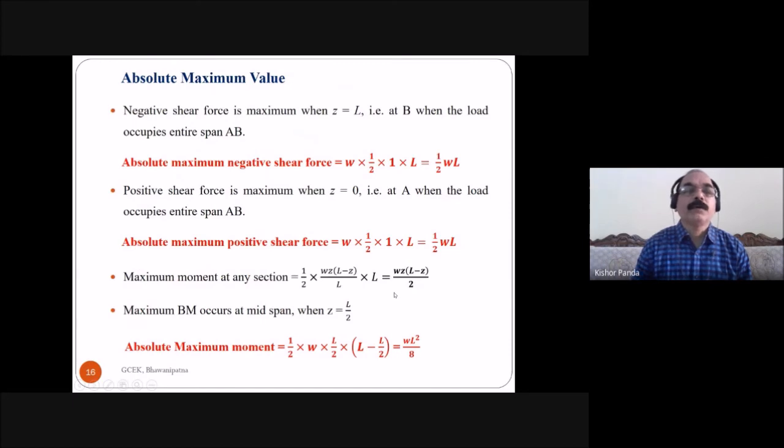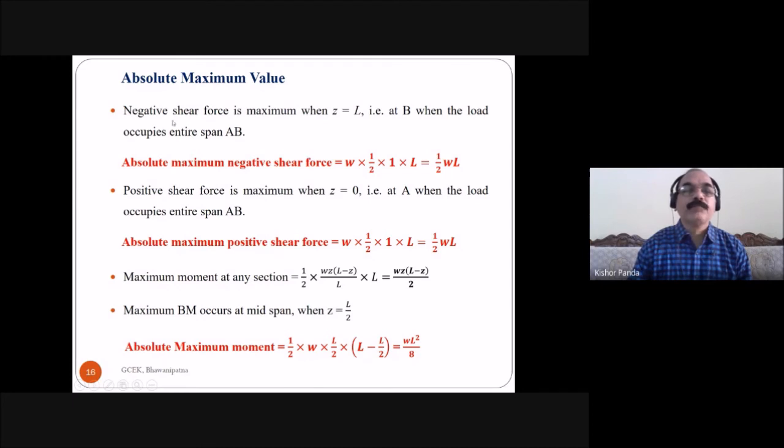Then coming to where you will get the absolute maximum value of negative shear force, positive shear force, and maximum moment. So you know we have already discussed when the point load is moving across a beam, where you will get the absolute maximum value.